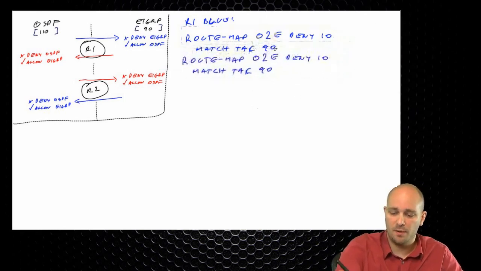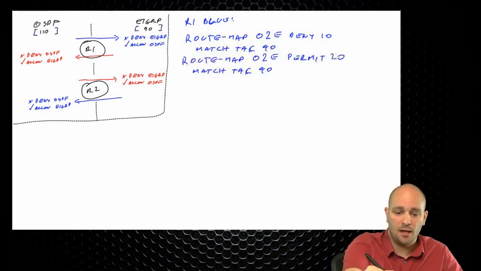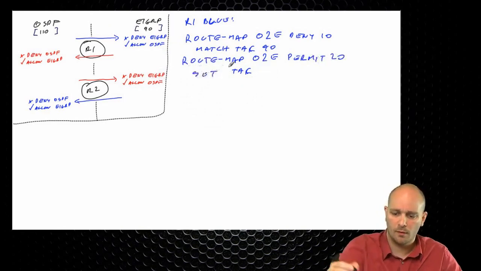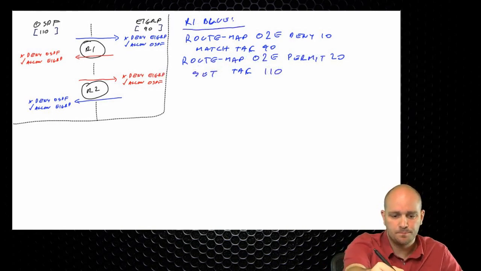So route map OSPF to EIGRP, this is going to be permit now, 20, and instead of match tag, I'm going to have set tag 110.